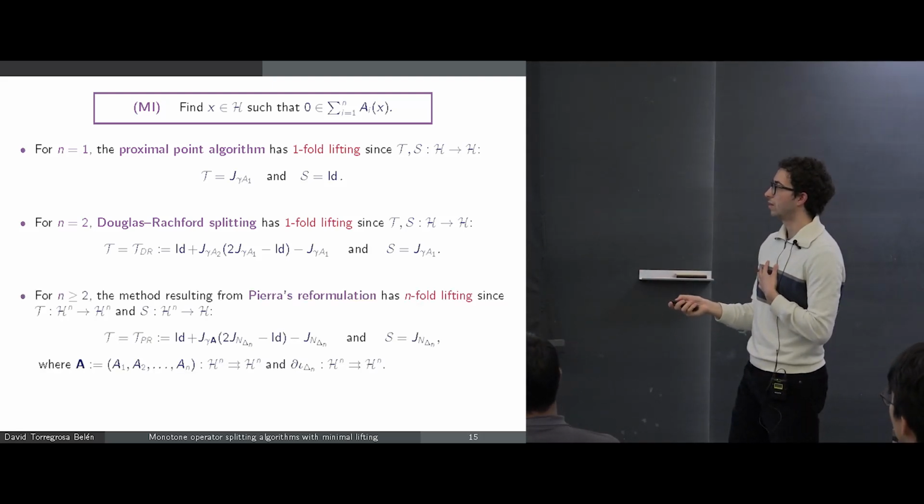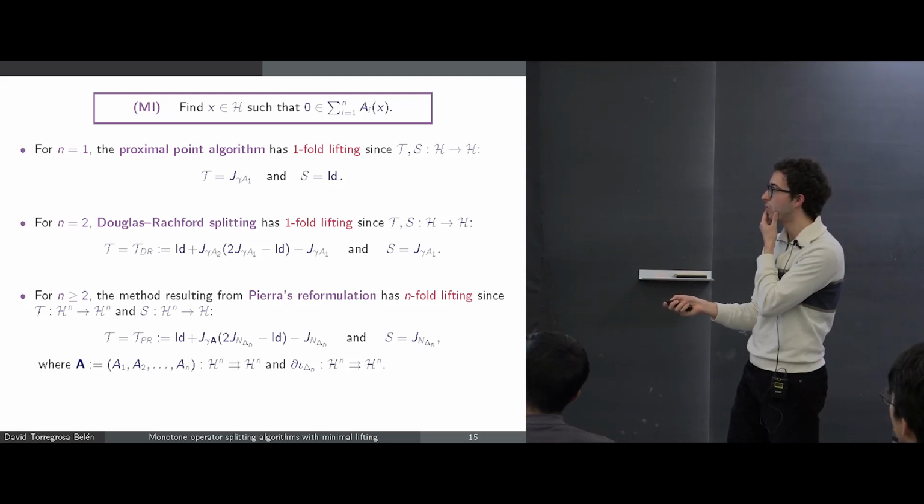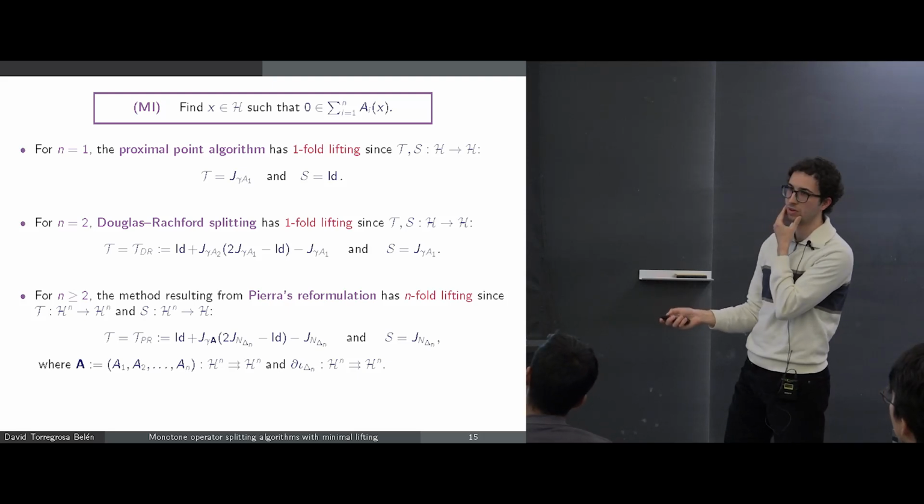But for n greater than 2, what I had was the product space reformulation that gave me an algorithm with n-fold lifting, since both T and S were defined by D in this way, where these operators that appear here and here were given in this space.